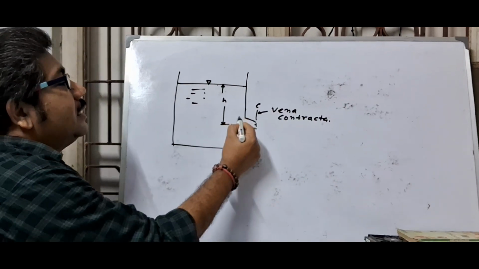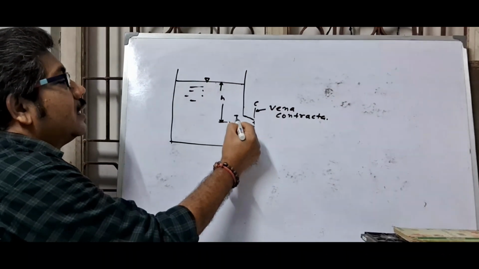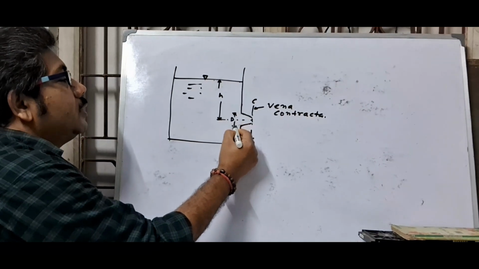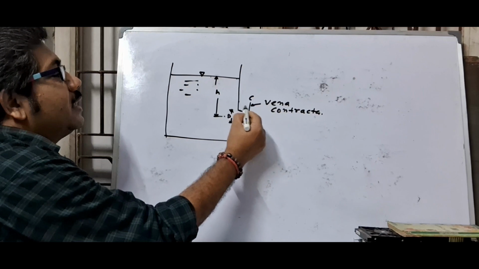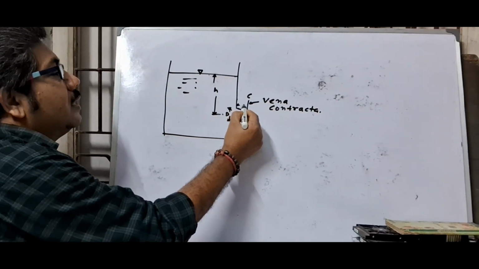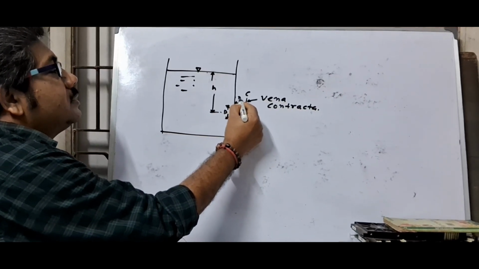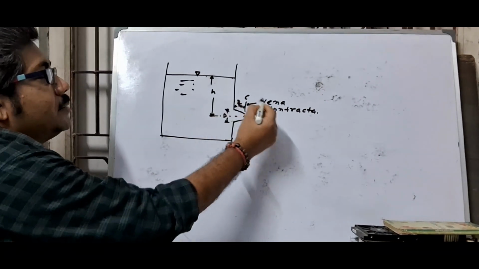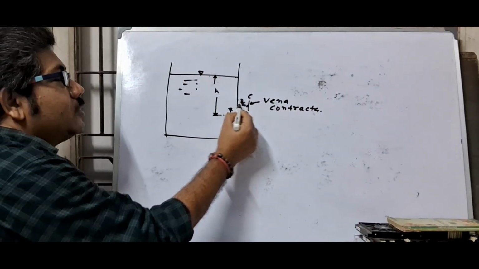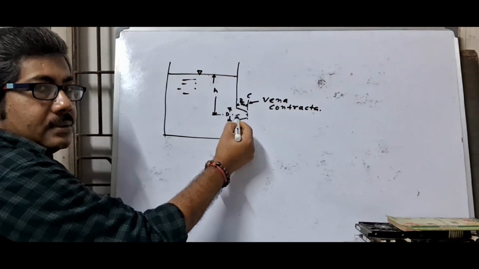Generally if the dia of orifice is D, the vena contracta is at a distance D by 2 from the orifice.